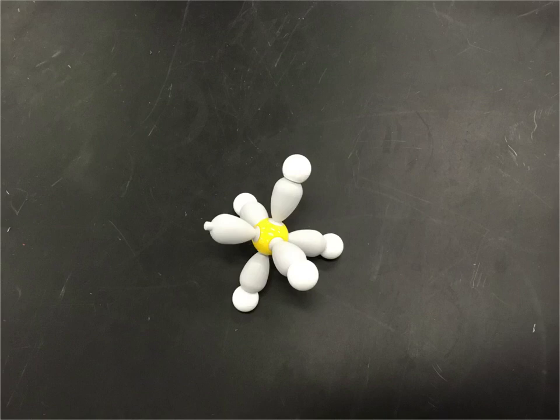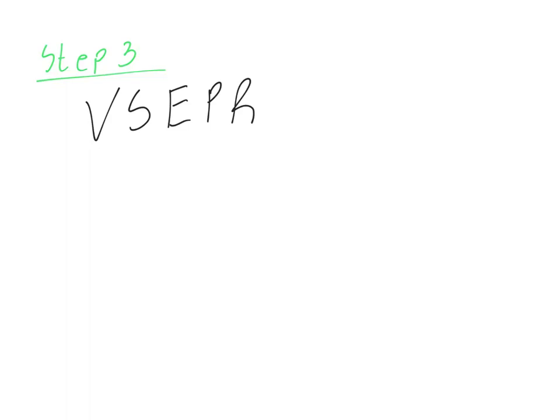Again, we have lone pairs here, and then we have all the fluorines around the central atom, and that will help us to determine the VSEPR shape again. So that would be the next step, to draw the VSEPR structure.